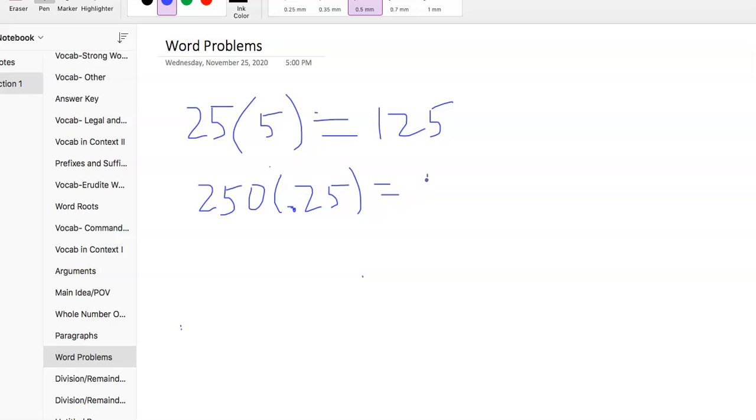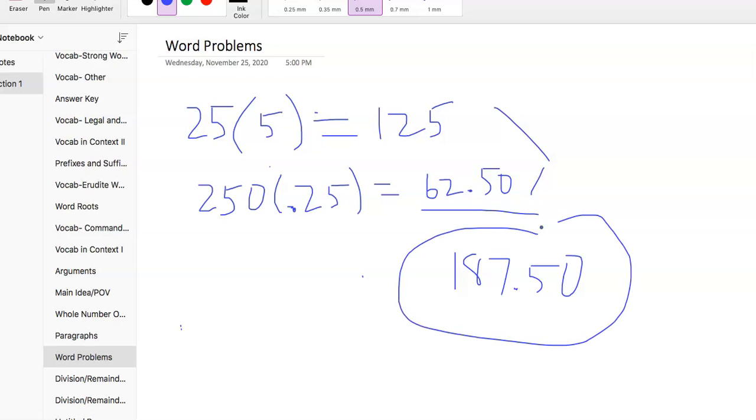Okay, and that number, when we multiply that out, is $62.50. And so you've done everything you really have to do, right? Then you just have to add these two numbers together, and when we do that, we get 187 and 50 cents. Okay, so really straightforward there.